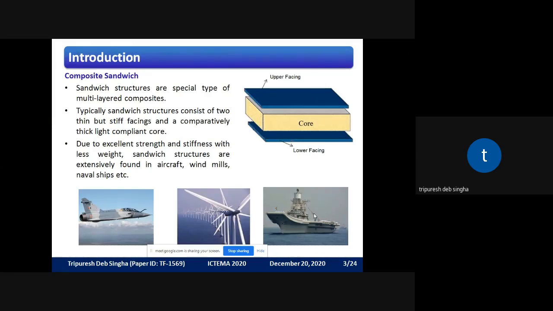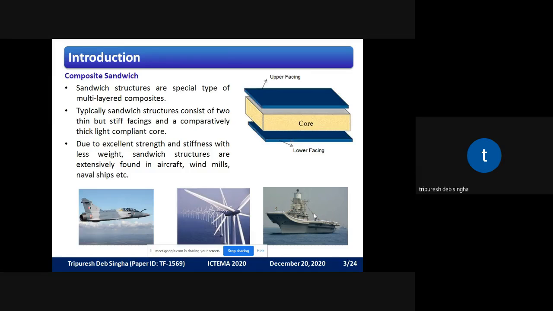As you know, the sandwich structure is a special type of multi-layered composite structure, in which typically two facings are joined together with a light compliant core in the middle by adhesives.